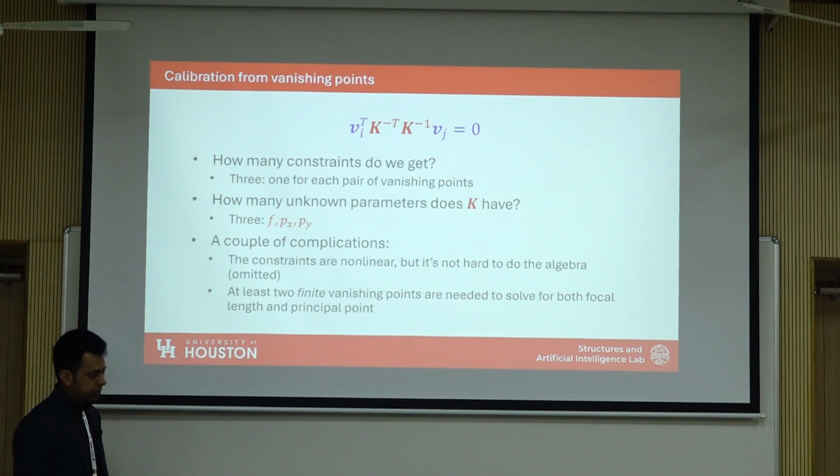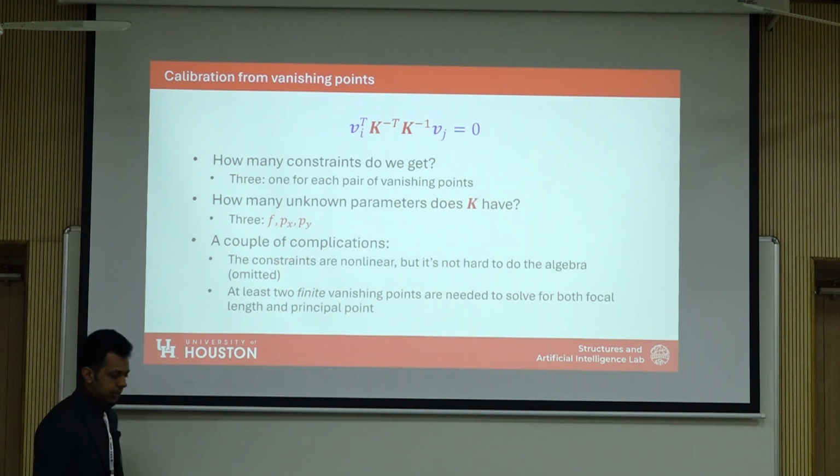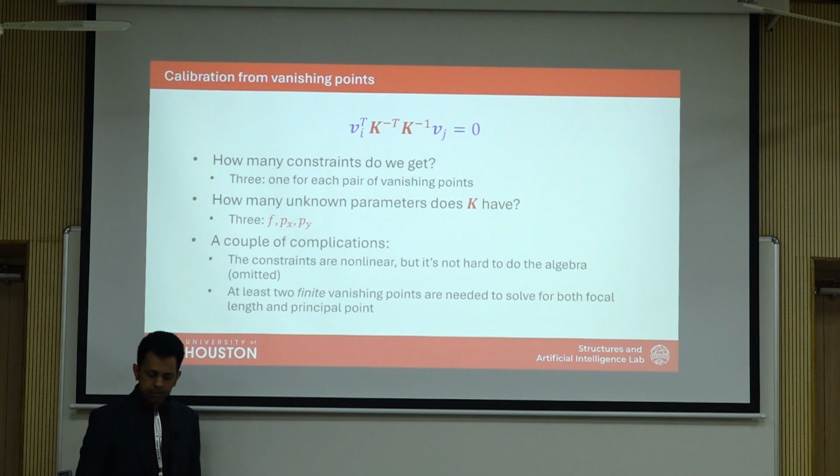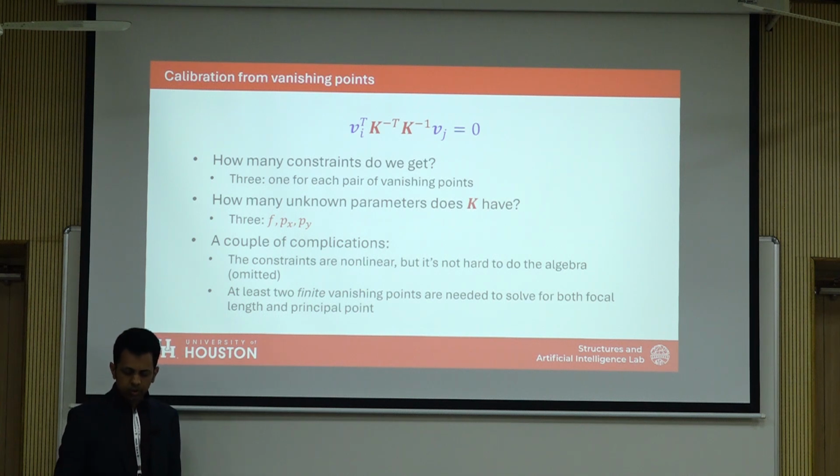And so with just 2 finite vanishing points, we can solve for both the focal length and the principal point, because that gives us the constraints that we need. Now, traditionally, this is done using nonlinear optimization to solve for these, but we can also do it in a simple way.